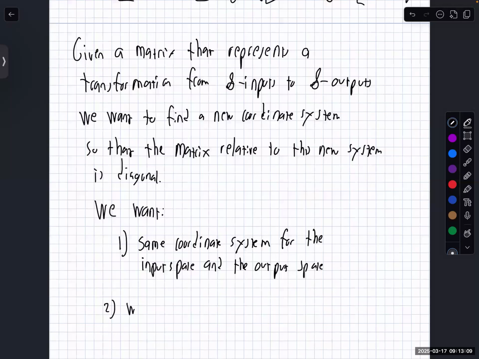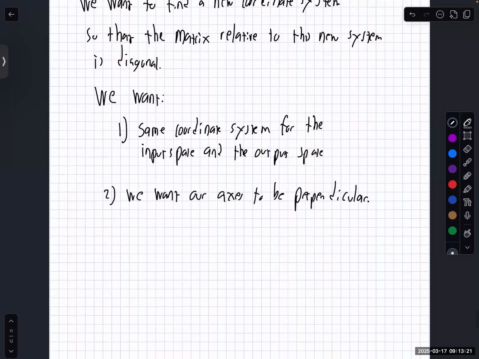And 2, we want our axes to be perpendicular.